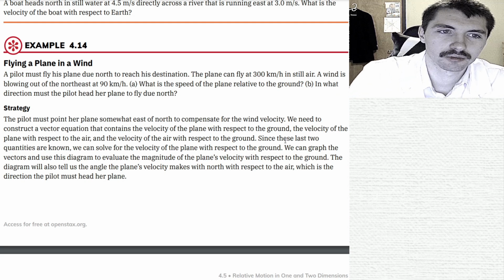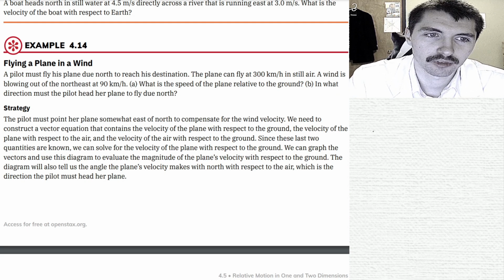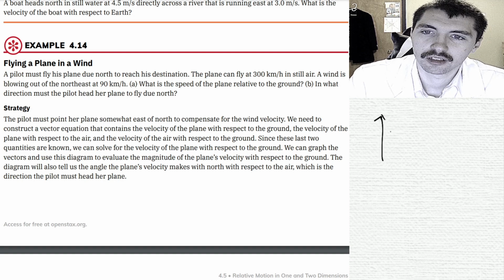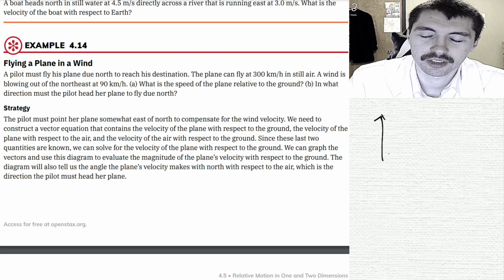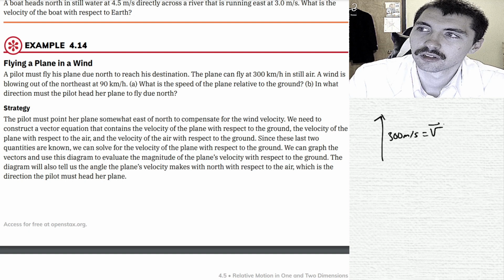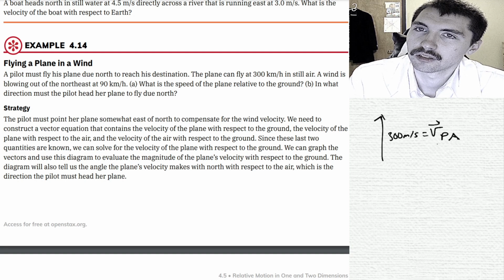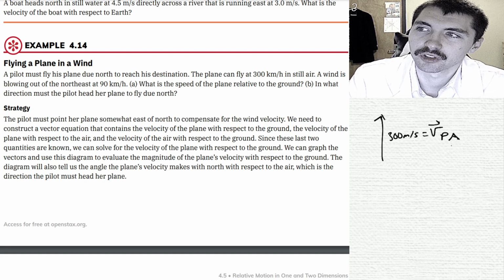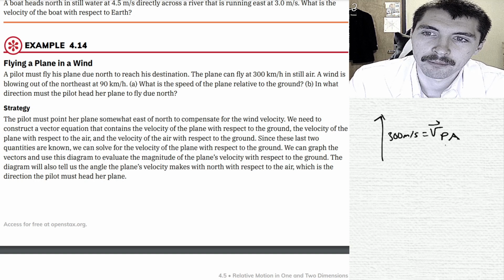Okay, so flying a plane in a wind. Pilots fly this plane due north, 300 meters per second, still air. Velocity of the plane in still air. So let's say this is just your ideal air, so air with no subscripts or no apostrophes or primes.